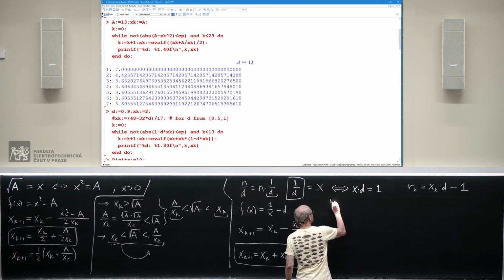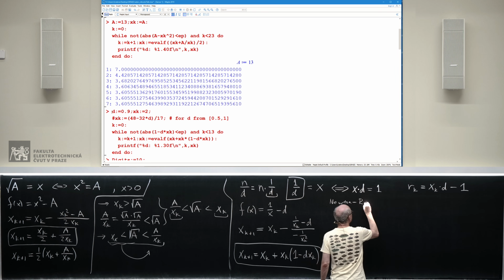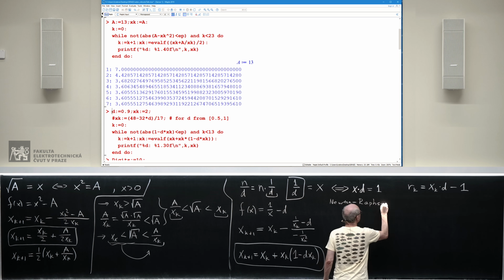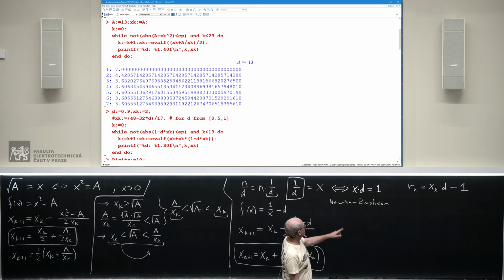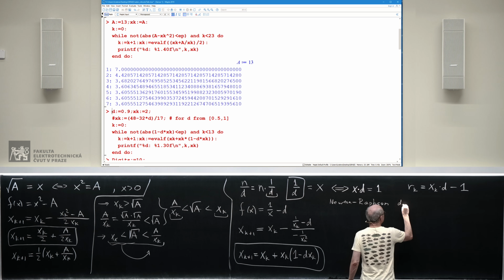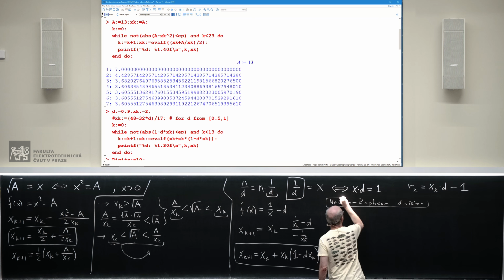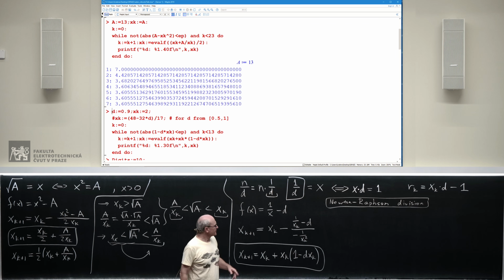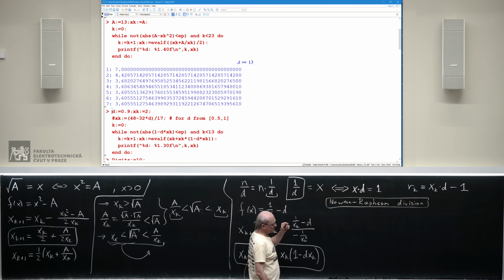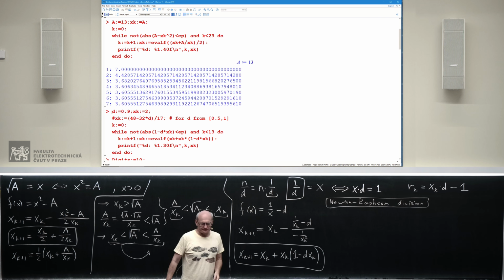Newton-Raphson division. Let's talk about it a little bit. First of all, let me show that I don't have to worry about all possible numbers d.